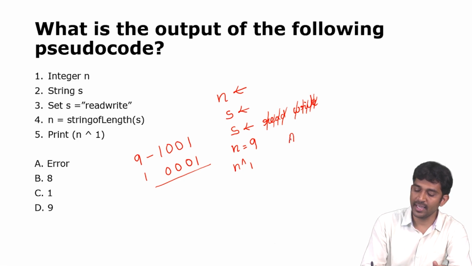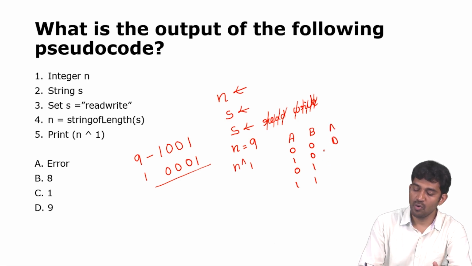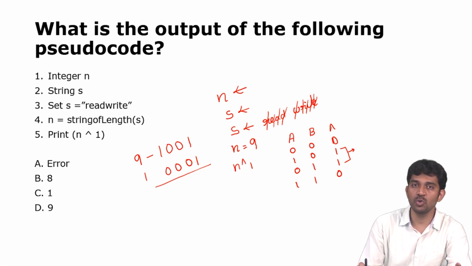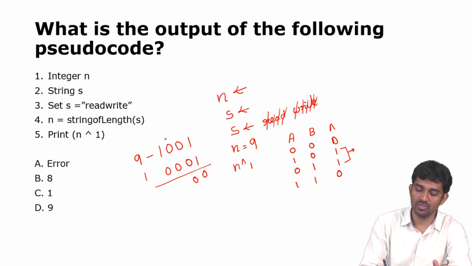For example, A and B have the values 0, 0, 1, 0, 0, 1 and 1, 1. The XOR operation: 0, 0 gives 0; 0, 1 gives 1; 1, 0 gives 1; 1, 1 gives 0. So in these two cases the XOR gives 1, and the remaining 2 cases give 0. Applying it here, the answer is 1, 0, 0.